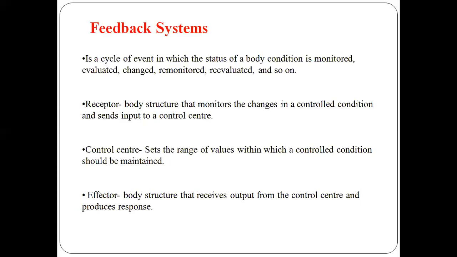A feedback system or feedback loop is a cycle of events in which the status of a body condition is monitored, evaluated, changed, remonitored, and re-evaluated, and so on. Each monitored variable, such as body temperature, blood pressure, or blood glucose level, is termed a controlled condition. Any disruption that changes a controlled condition is called a stimulus.